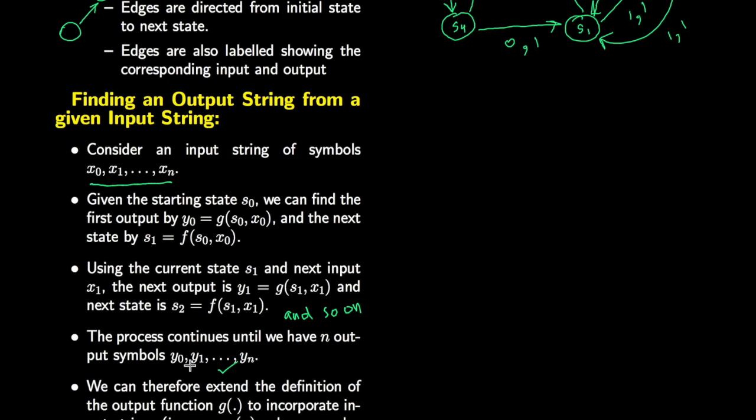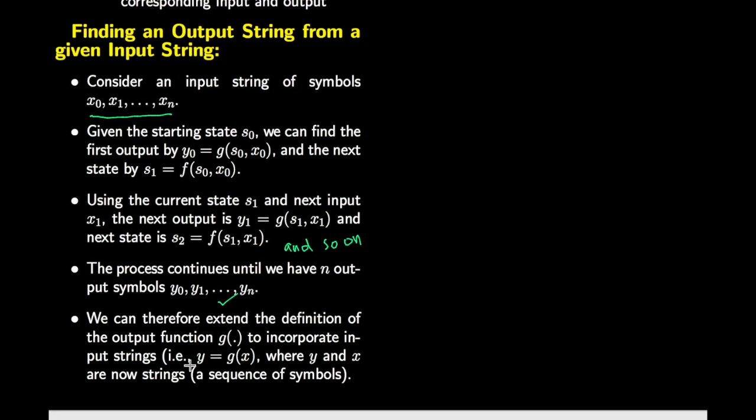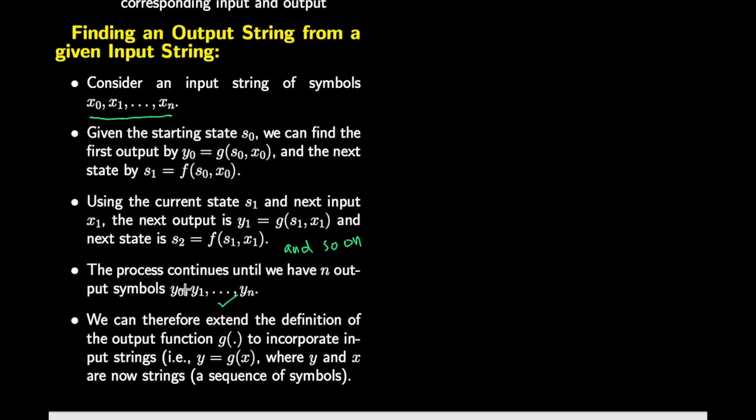So we can extend the definition of the output function g to incorporate strings. If we have this string of symbols x, I can get this string of symbols y. So I can just say g of x, underlined, meaning a string of symbols, gives y, which is also a string, or sequence, of symbols.